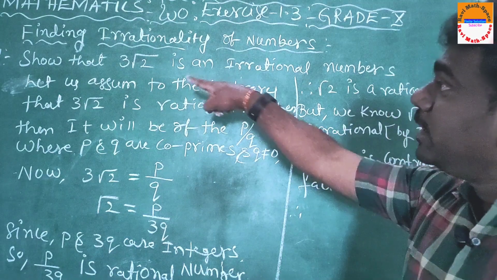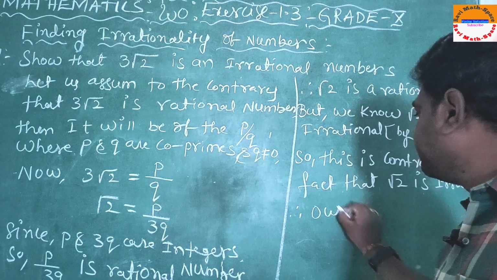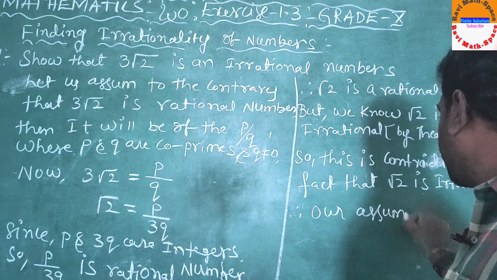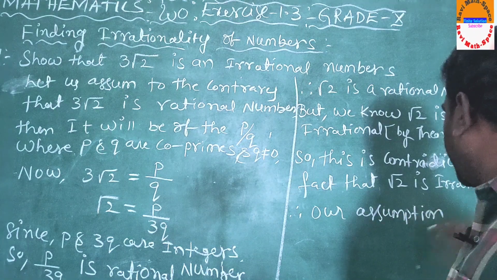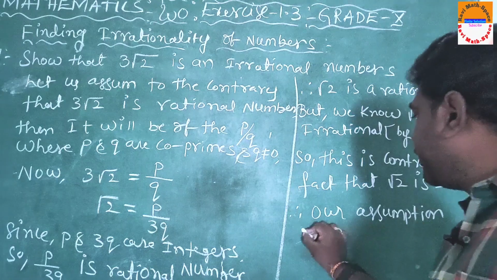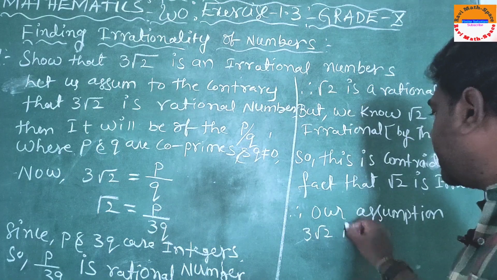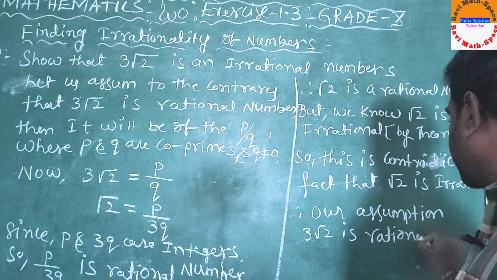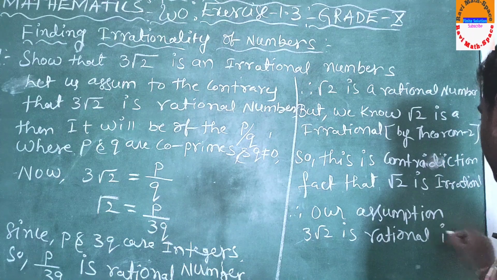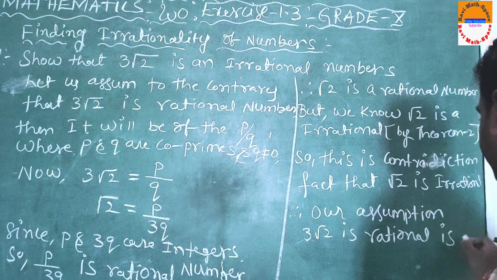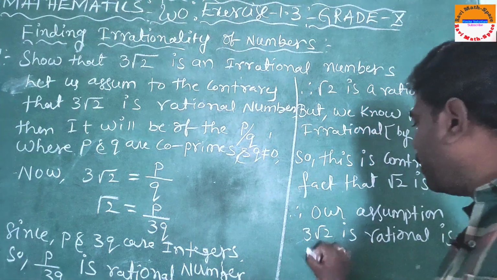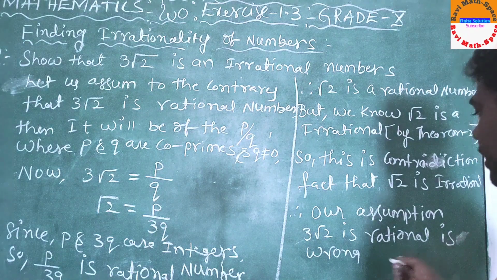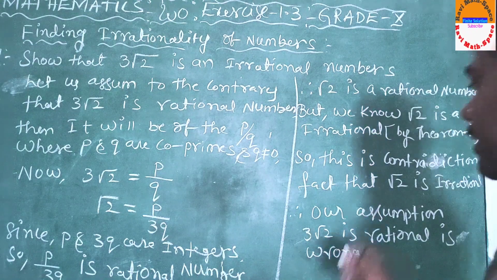Therefore, what is our assumption? Our assumption that 3 root 2 is rational is wrong.